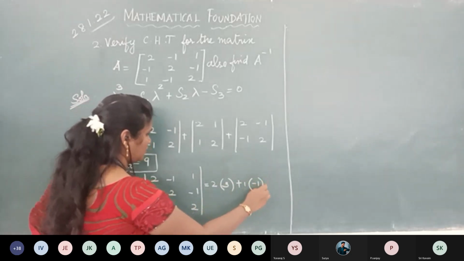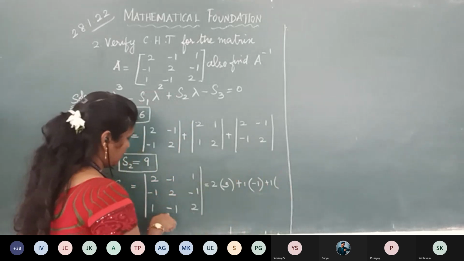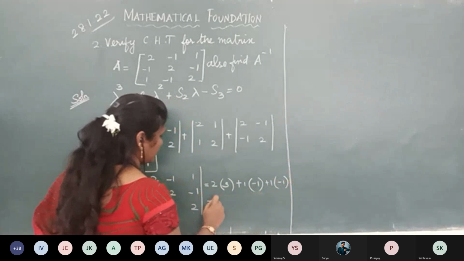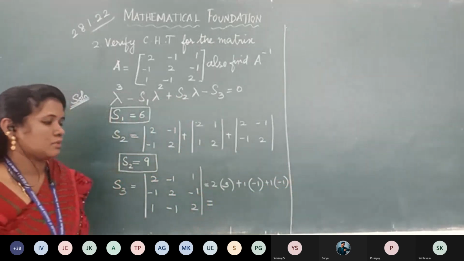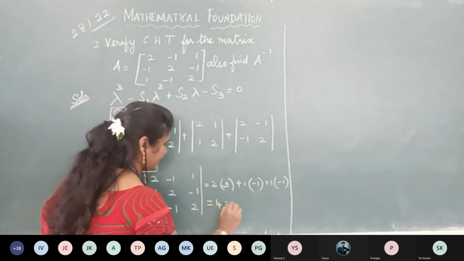So it will be minus 1 plus 1 into 1 minus 2 minus 2. So it will be 6 minus 1 minus 1. So S3 is 4.